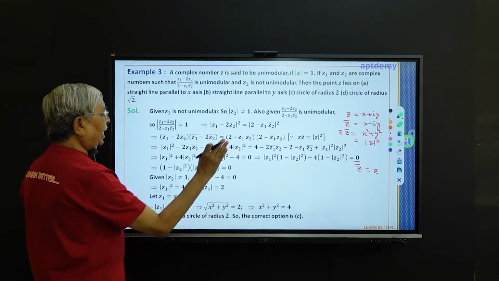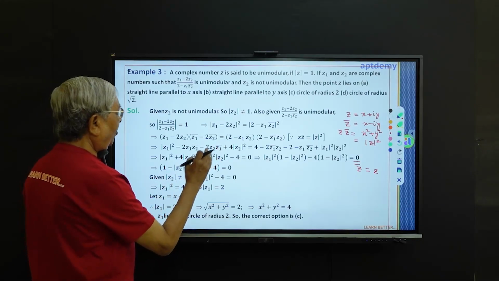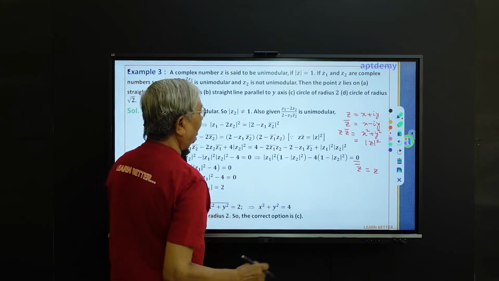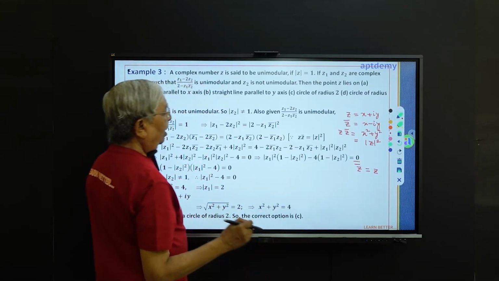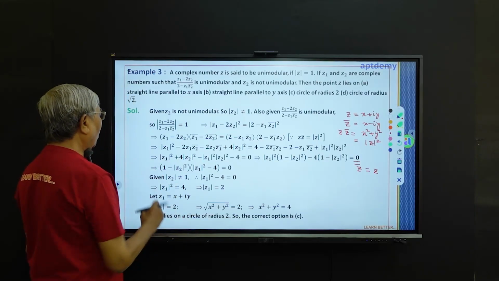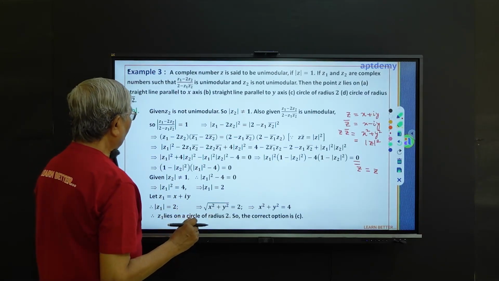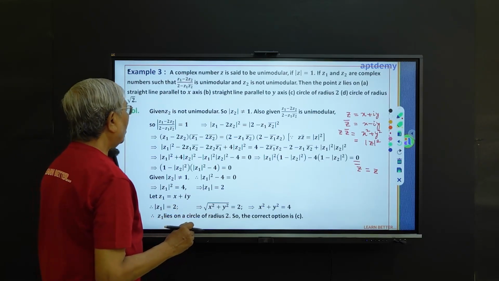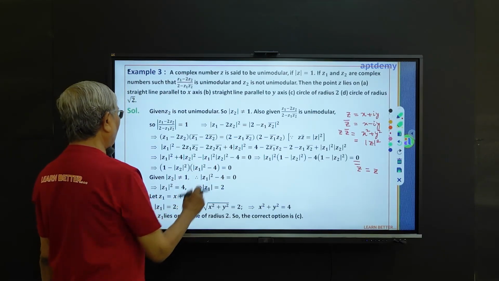Next we multiply both sides, and after cancelling the brackets take common: mod z1 square into (1 minus mod z2 square) minus 4 into (1 minus mod of z2 square). So factorizing, (1 minus mod z2 square) into (mod z1 whole square minus 4) equal to 0.